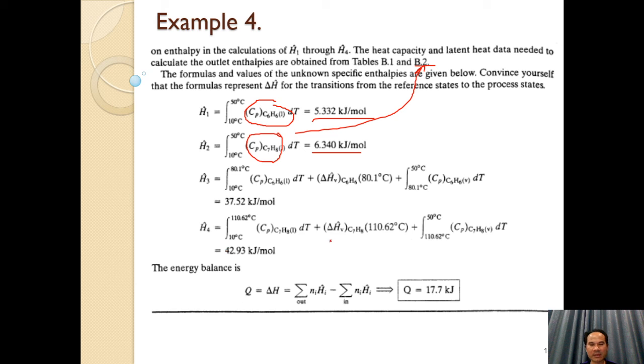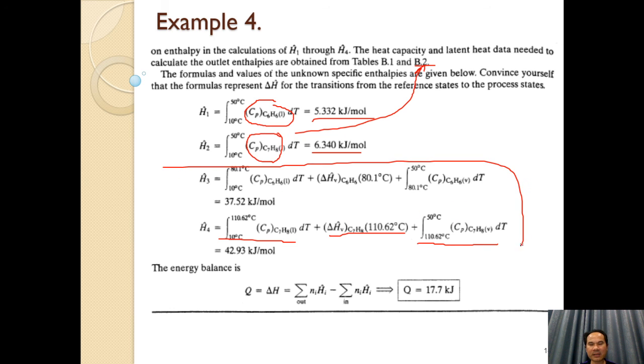And also for toluene, we change to the boiling point at 110.62 Celsius. This is the change in temperature from 10 to 110.62 Celsius. This is the phase change, at constant pressure and temperature. And this is the change in temperature from 110.62 Celsius to 50.